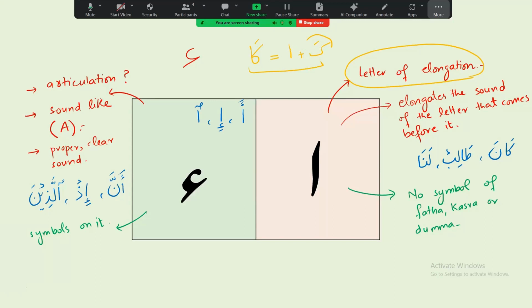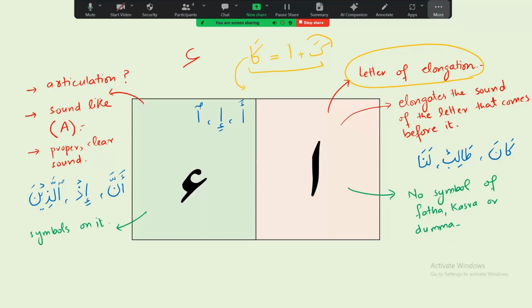I mentioned about this Alif that it does not have any symbol. It will not have any fatha or kasra or dhamma or sukoon, it will not have any symbol. It is just simple Alif. So when we join these two together, that will make a prolonged sound of Kaa. This was Ka, right?